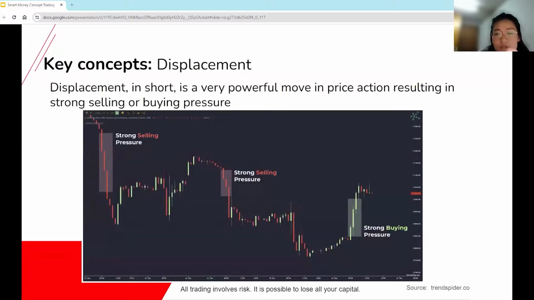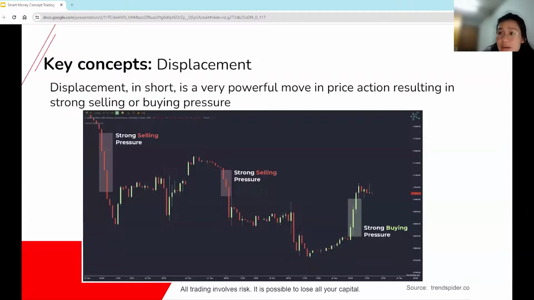Okay, the next concept is displacement. Displacement is a pretty powerful move in price action that results in strong selling or buying pressure. Generally speaking, displacement will appear as a single candle or a group of candles that are all positioned in the same direction.